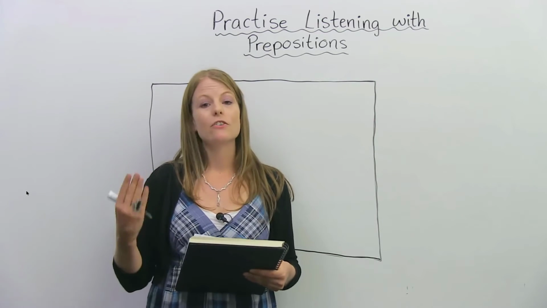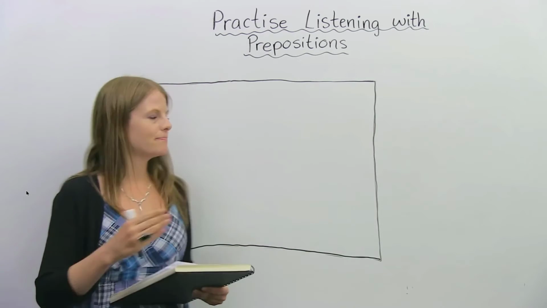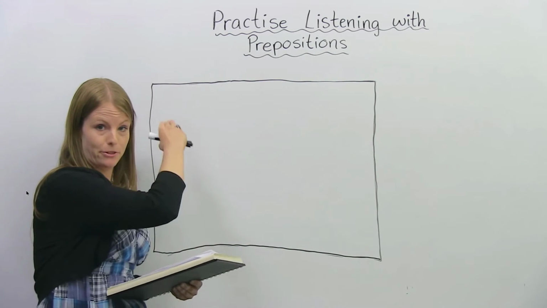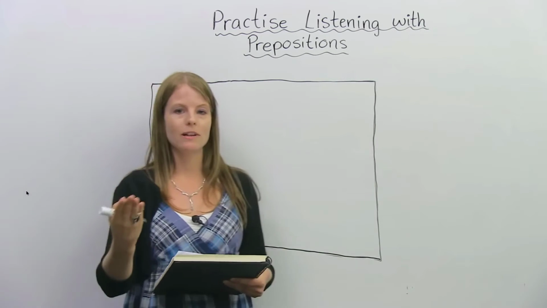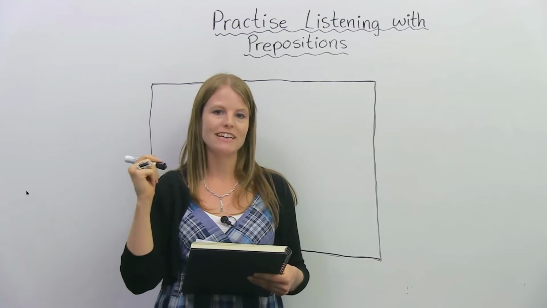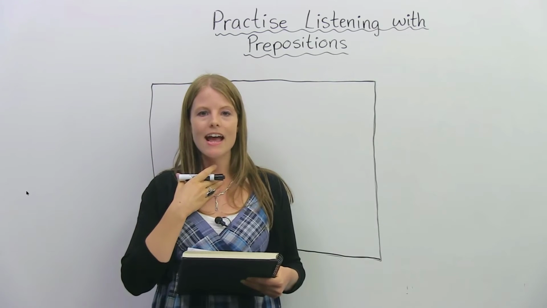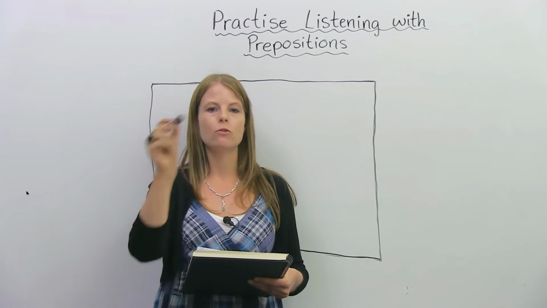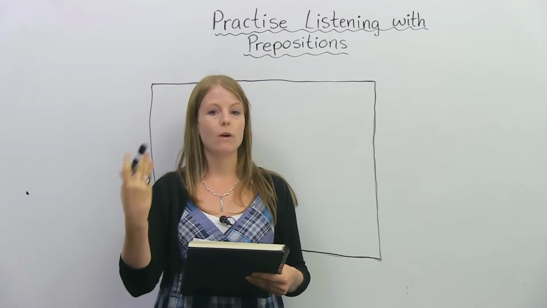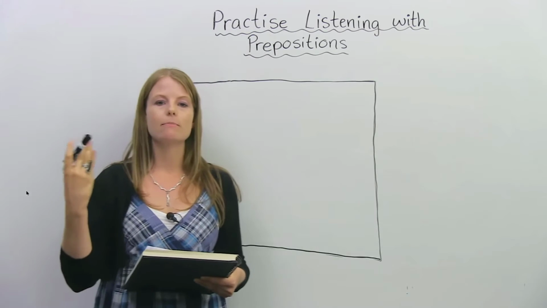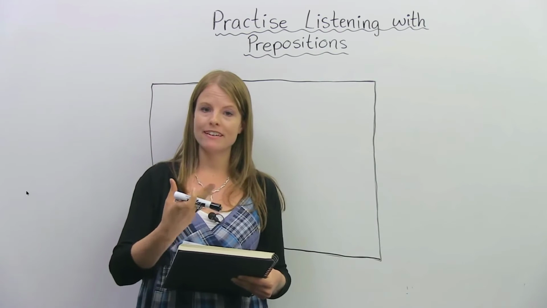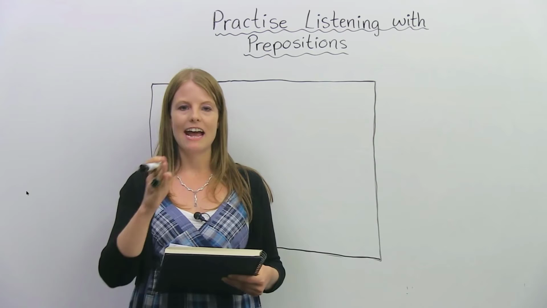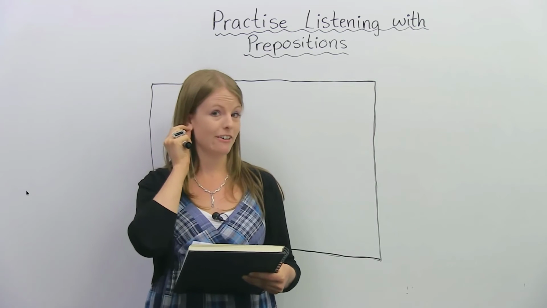Okay, so you need a piece of paper. This is my piece of paper. You will have your piece of paper and your pencil ready to go. I am going to say a sentence, and you are going to draw what I say. So I will be talking about shapes and prepositions, and you need to draw what you hear.